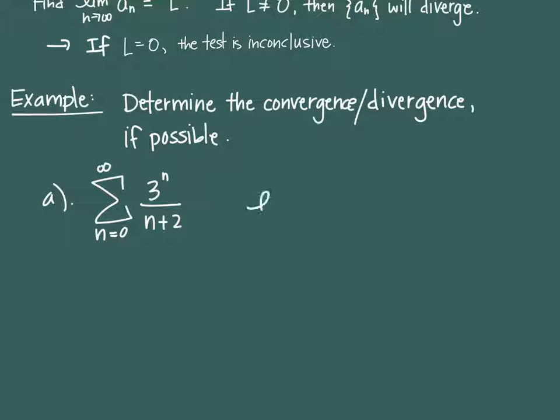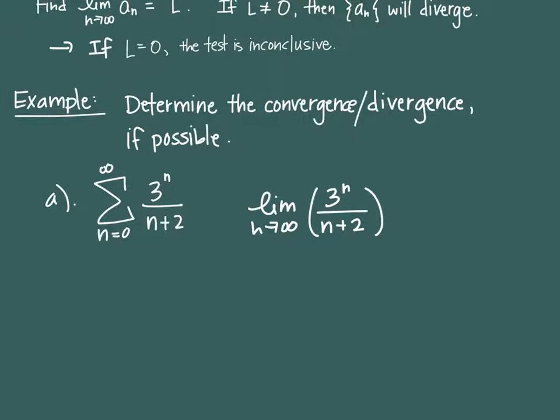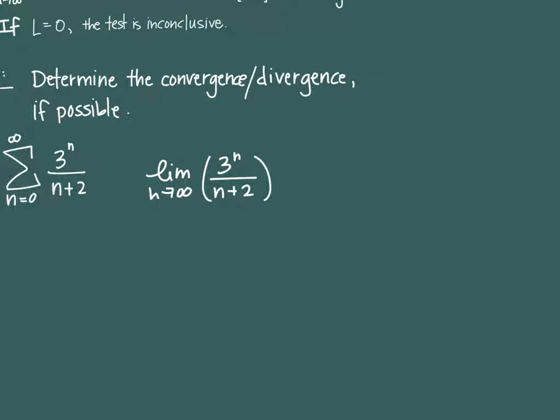So we want to take the limit as n approaches infinity of that nth term, 3 to the n over n plus 2. If we plug infinity directly into that limit, what will we get? I'll get 3 to the infinity over infinity plus 2, which is infinity over infinity, an indeterminate form.